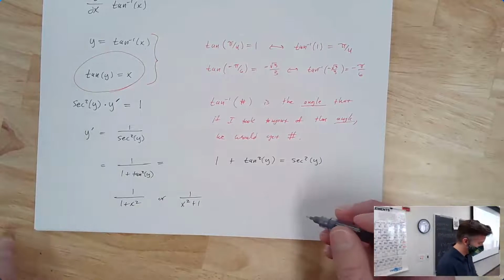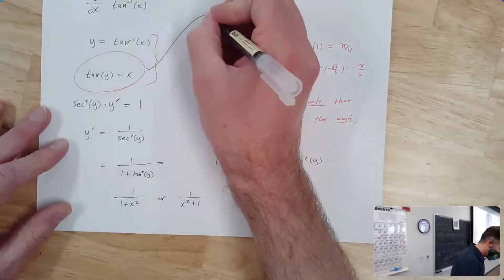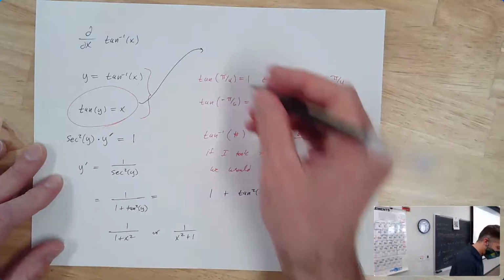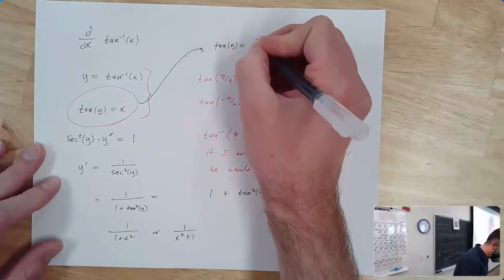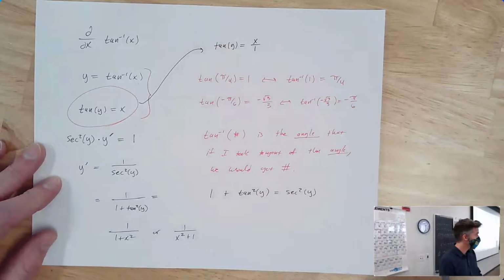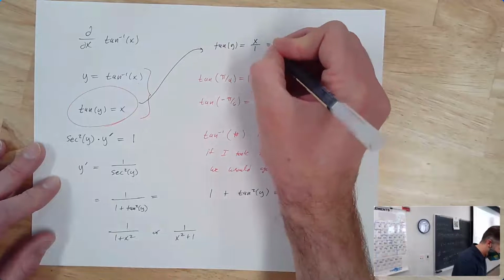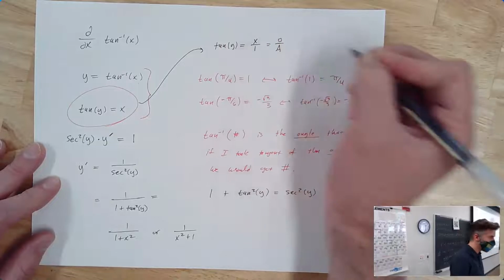Now, this is not the way I usually do this. The way I usually do this is the following. I think about the fact that tangent of y is equal to x over 1. Tangent is the opposite over adjacent.